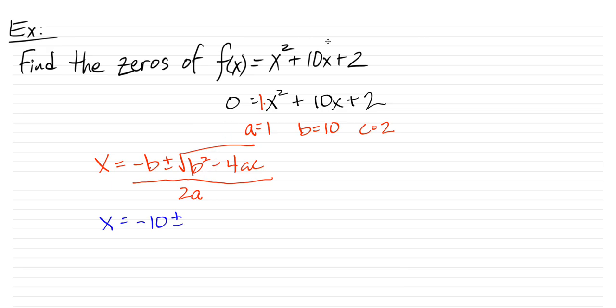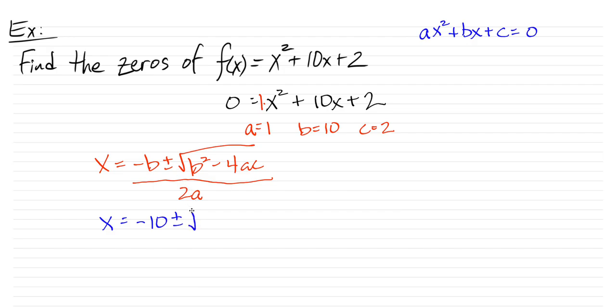What somebody did was they took this equation with no numbers and completed the square on it. And the answer you get when you complete the square is the quadratic formula. I'm not expecting you to do it. I figured I would just let you know where it came from.